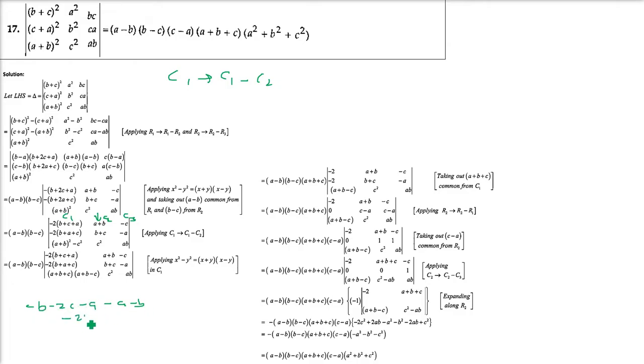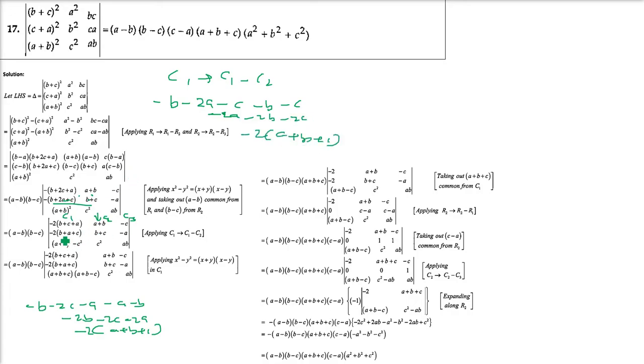Minus 2a minus 2b minus 2c. So you can take minus 2 common and you get a plus b plus c. Second one also, minus b minus 2a minus c minus b minus c. Again same thing will come, minus 2a minus 2b minus 2c. So you can take minus 2 common and a plus b plus c will come.